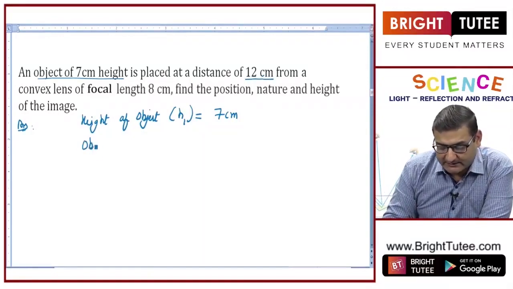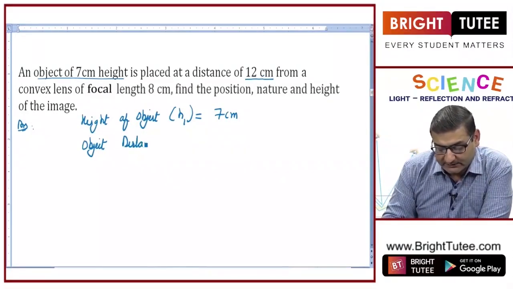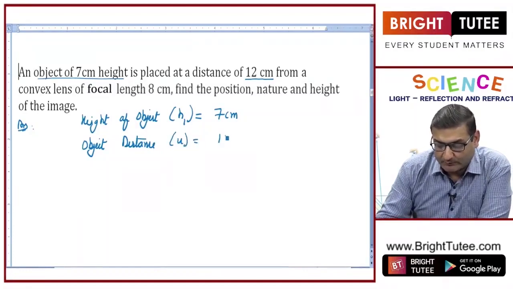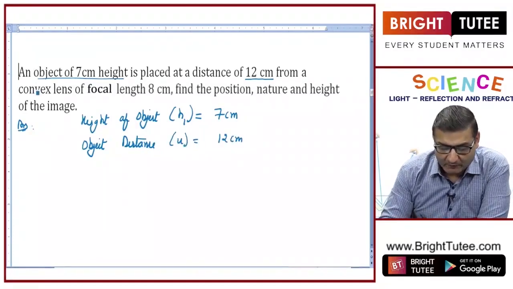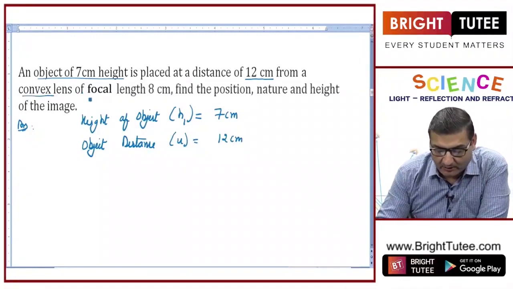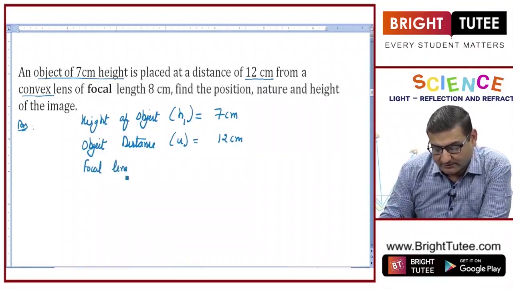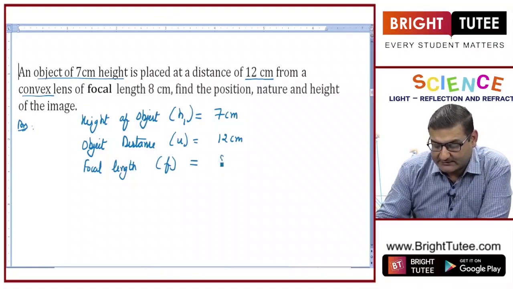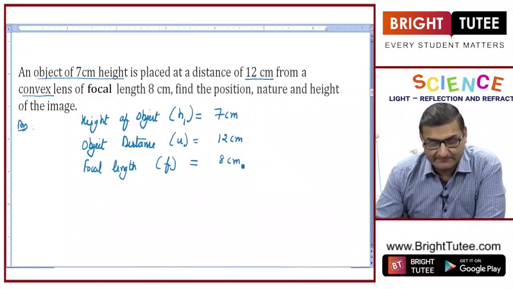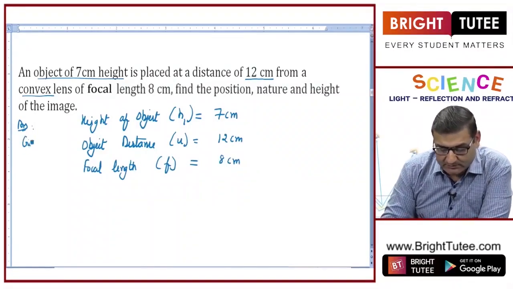So object distance, represented by small u, is given out to be 12 centimeters from a convex lens of focal length 8 centimeters. So focal length is also given to us in the question, represented by small f, that is equal to 8 centimeters.